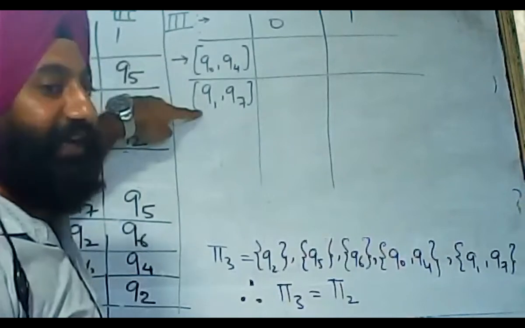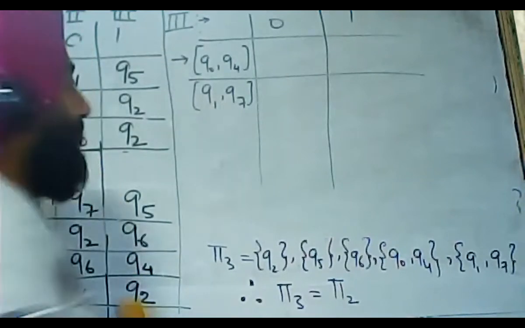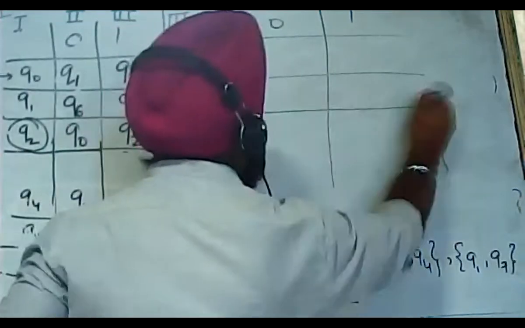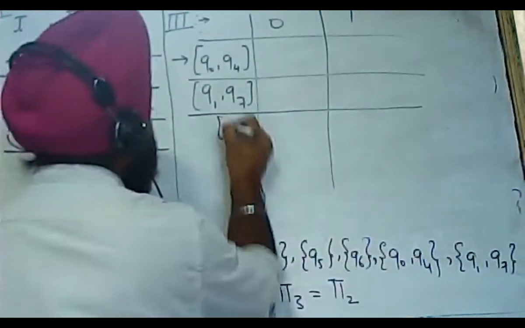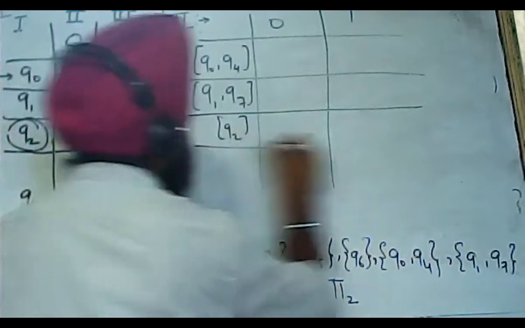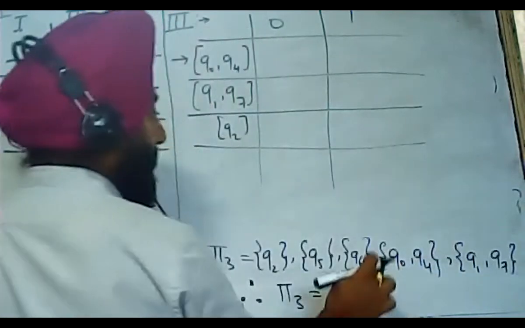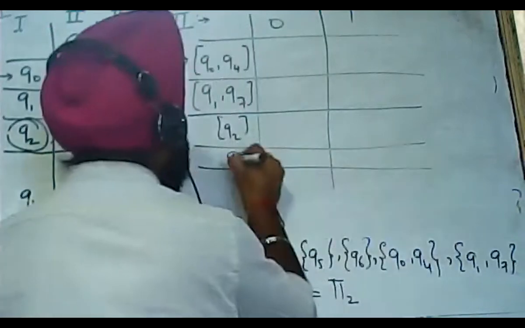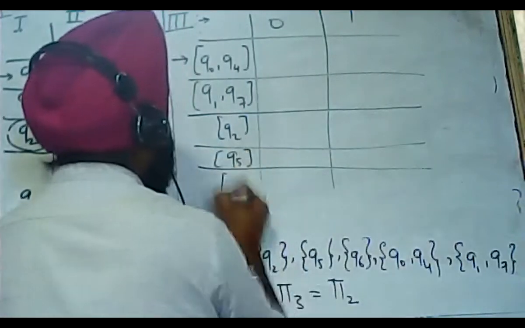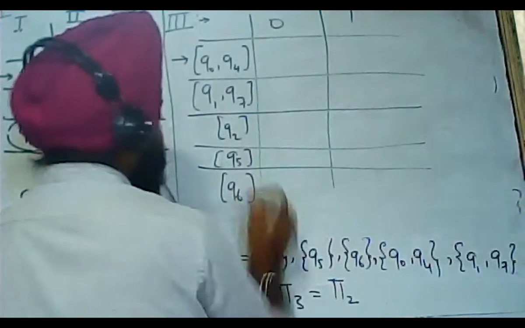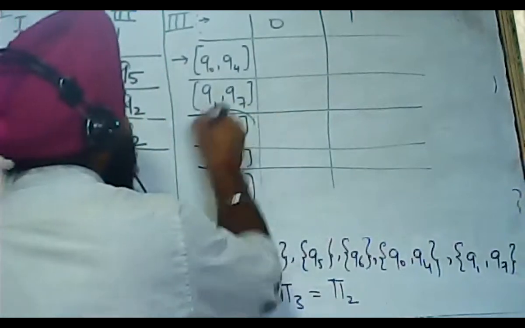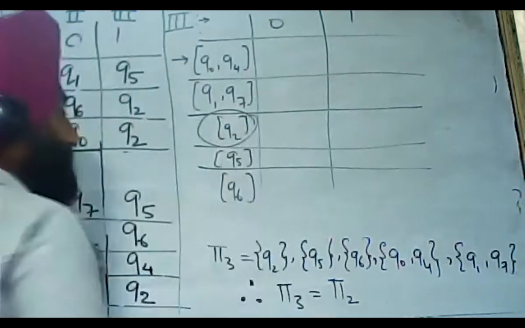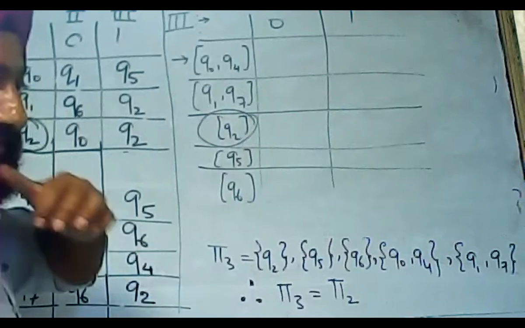After that, you can write any state of your choice. So next we have Q2, next we have Q5, and last state is Q6. Here Q2 is your final state, so circle it.